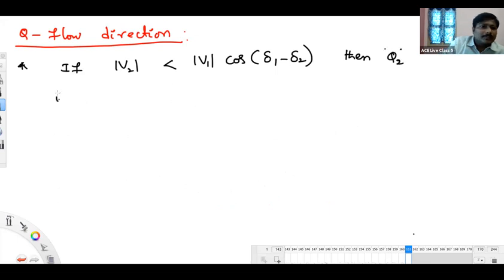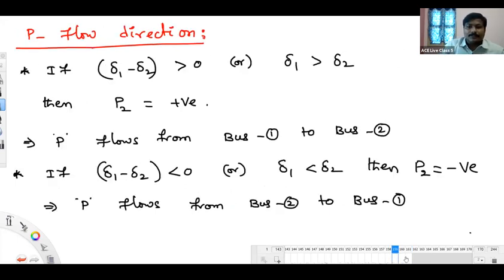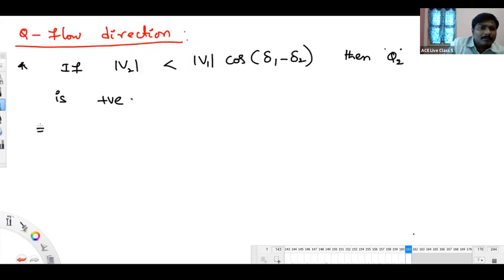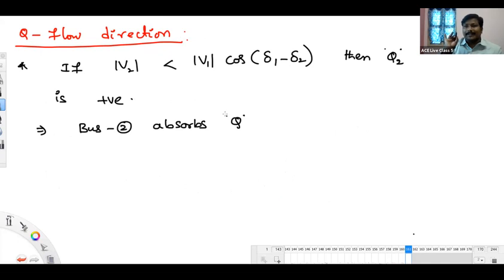Whenever Q2 is positive, that implies bus 2 absorbs reactive power. That's it.